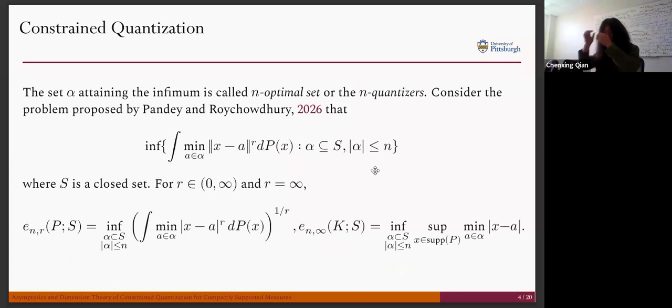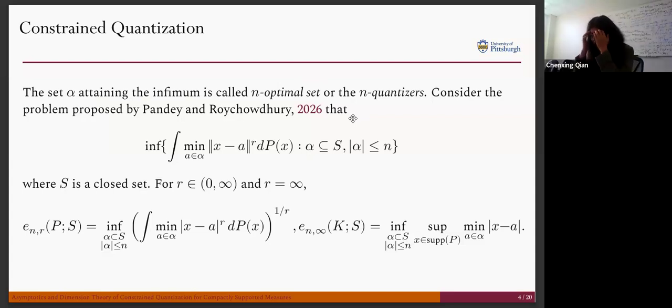So what's the constrained case? Two years ago, Moreno and Mark Harpendi introduced another case: what will happen if we constrain the minimizer of this problem to a closed set? The things turn out to be a little bit different.